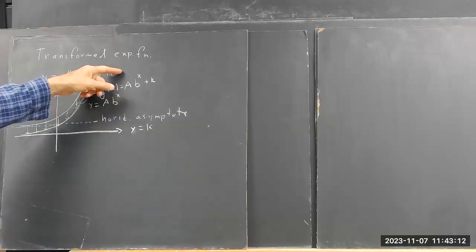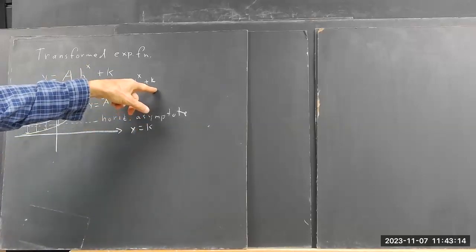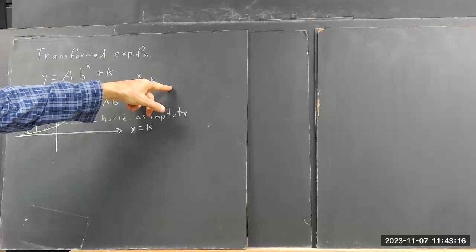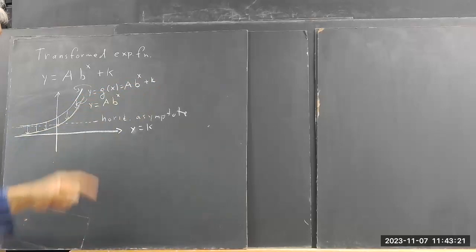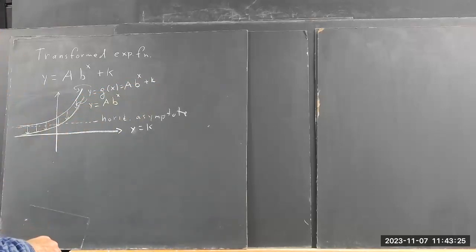If we shift this graph down k units, then you're going to subtract k from the value, and you're going to get no constant. So this will be the form y equals a b to the x.